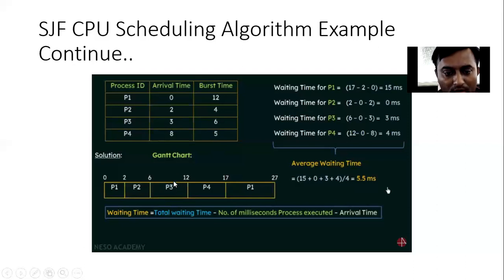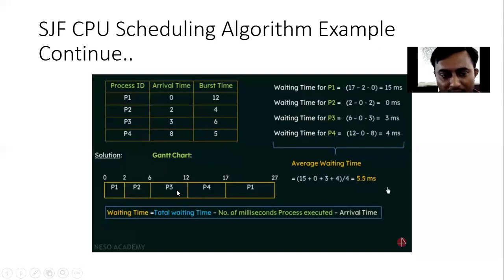Now at the time of 9 units, we need to check, is there any other process arrived in the queue? No. So we need to check the remaining burst time of P3. Now it is 3, and 3 is less than 5. So definitely P3 will continue its execution. Same way, in the next unit of time, the value would be 2, and 2 is less than 5.